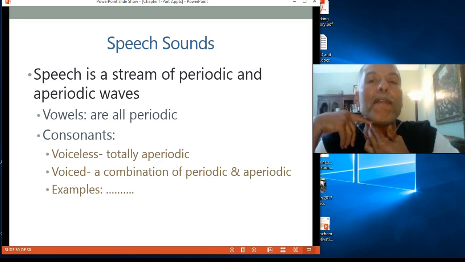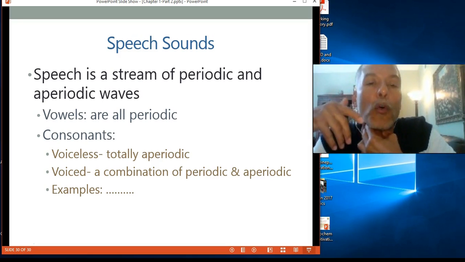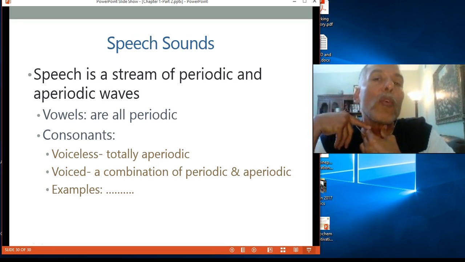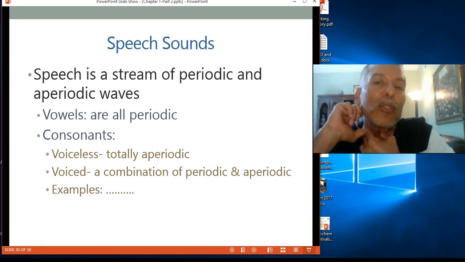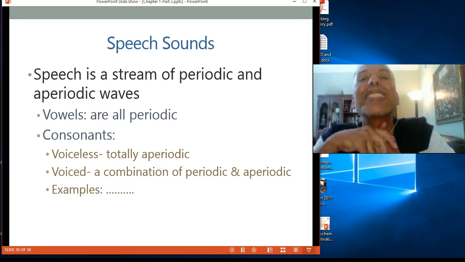When you say that, it is called a voiced consonant. The vocal folds vibrate, and then you have vibrations between your lower lip and your upper teeth, and you get that combination of periodic and aperiodic tones. That is a voiced consonant.